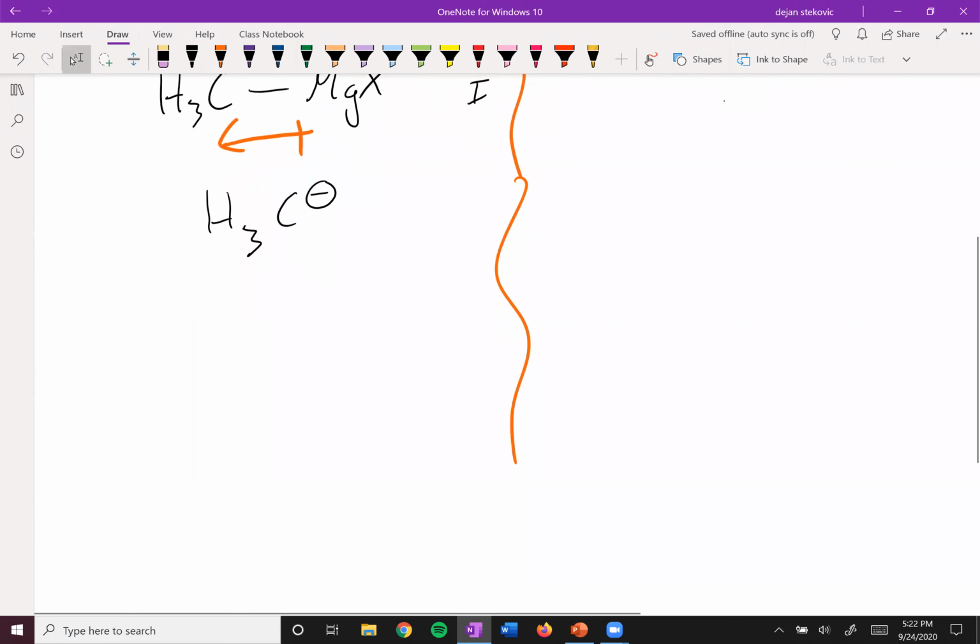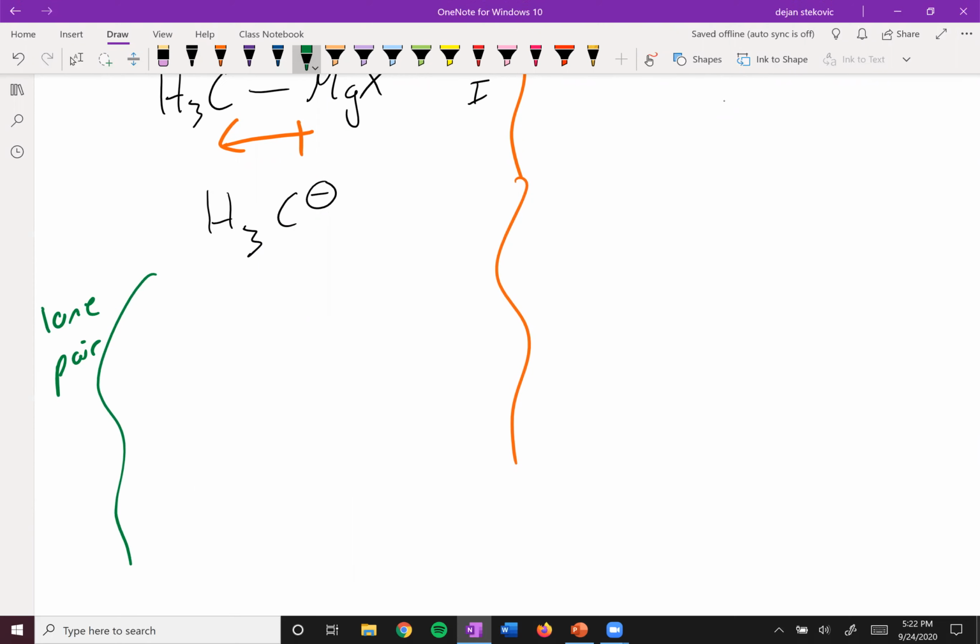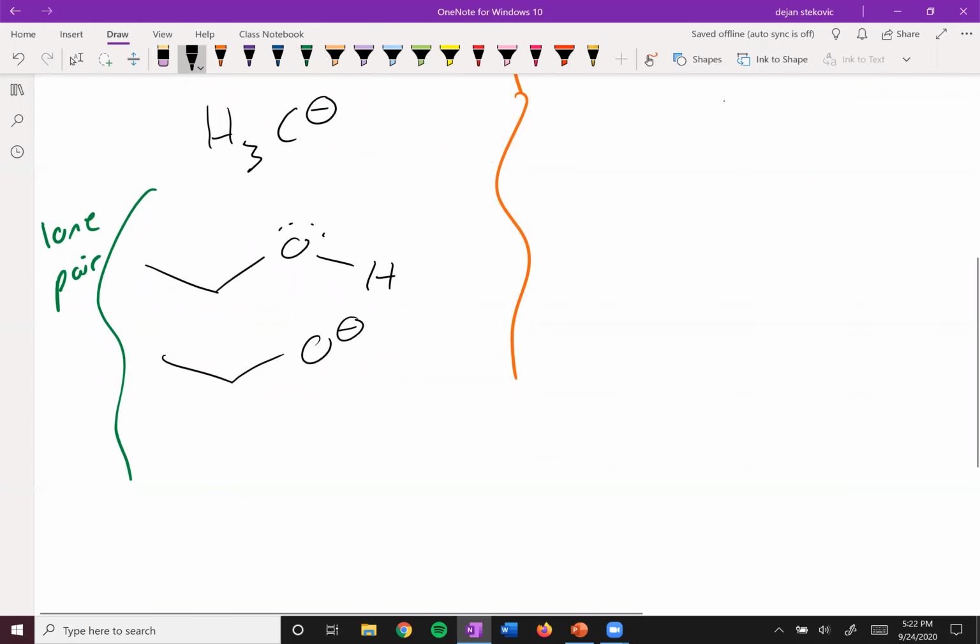And so those are all examples of carbon-based nucleophiles. We can think of non-carbon-based nucleophiles as well. For example, if they have some kind of lone pair, they can be nucleophilic. So if we have an alcohol right there with a lone pair, or maybe it even has a negative charge on it, right? If this alcohol is deprotonated, it's going to have a negative charge, so it is also going to be nucleophilic.